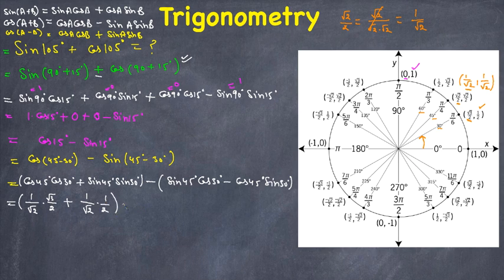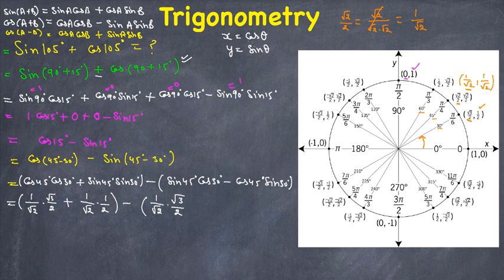Minus cosine 45 is again 1 over root 2, and cos 30 is the x value at 30, which is root 3 over 2. So x is basically cos theta and the y is sine theta.